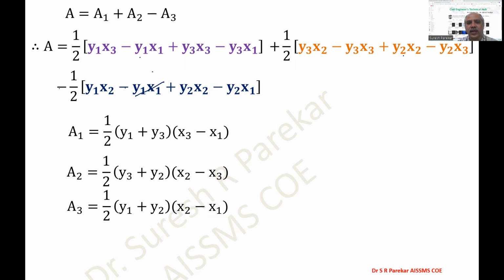Then we have y2 x2 here plus, here minus into this plus, so this will get cancelled. And then we have one term y3. Here we have y3 x3 plus, here we have y3 x3 minus, so this gets cancelled.